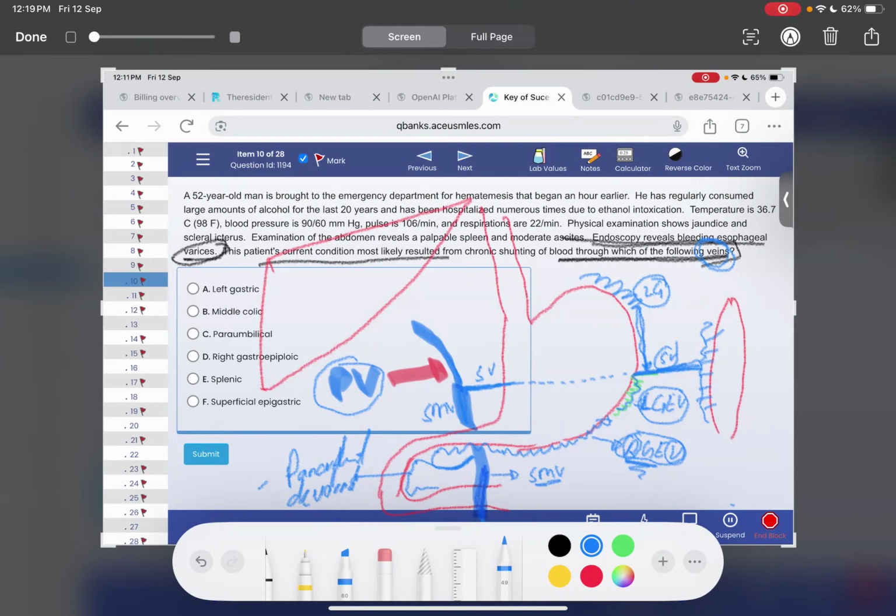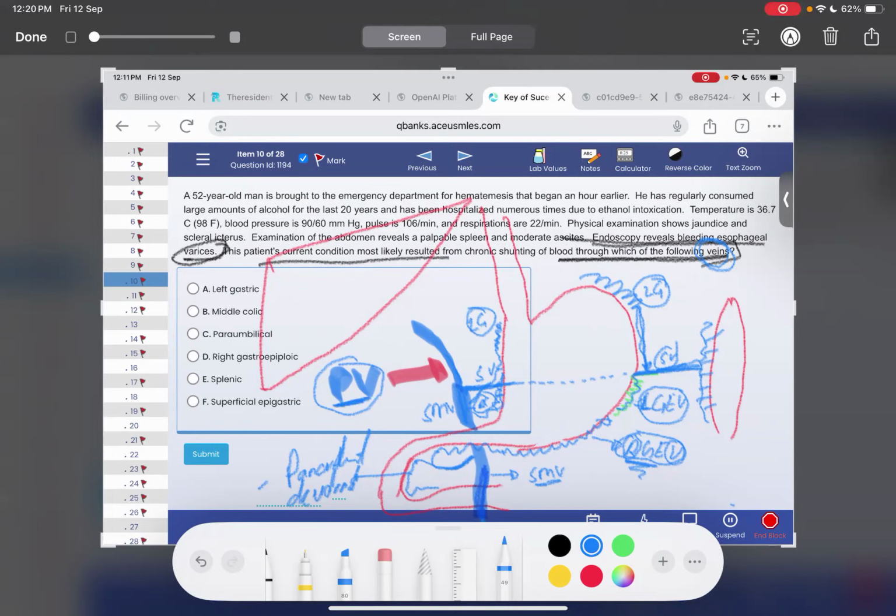There is also a lesser curvature over here, and the lesser curvature also drains into this. This is called your left gastric. And there is also a right gastric directly present over here. It drains into the hepatic portal vein.